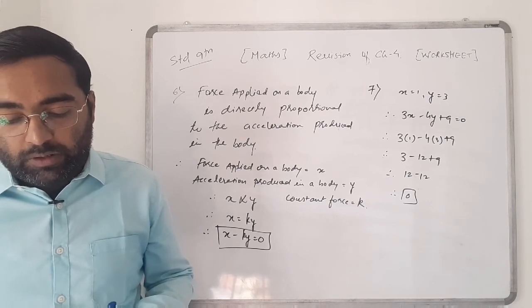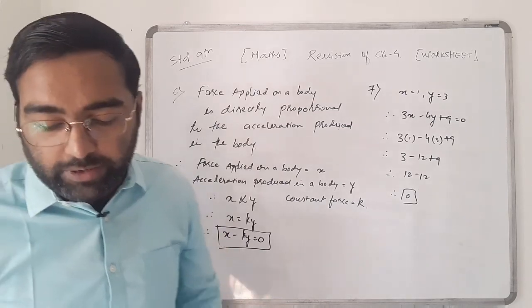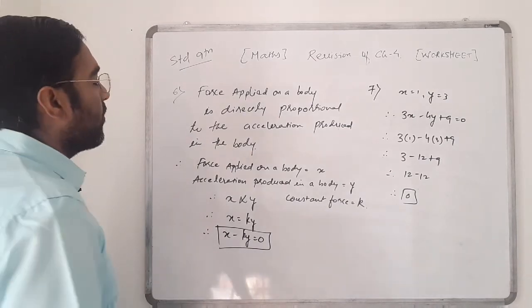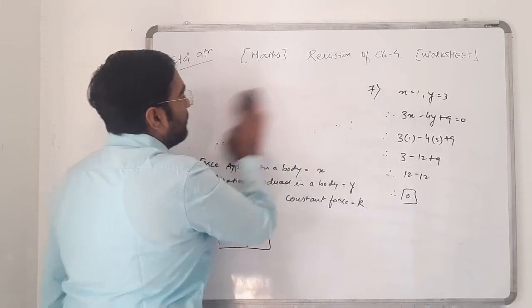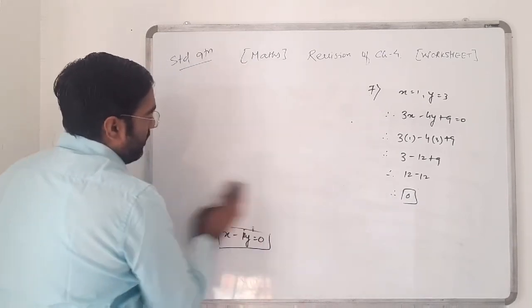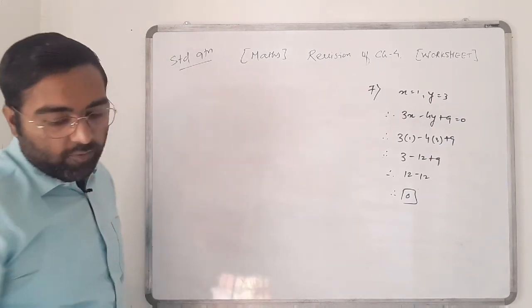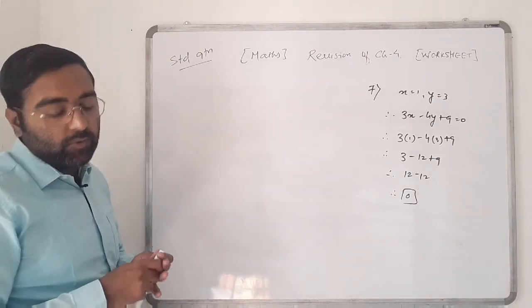So here we should take the coordinates, and we have to say whether the statement is true or false for the given equation 2x plus 2 equal to y.